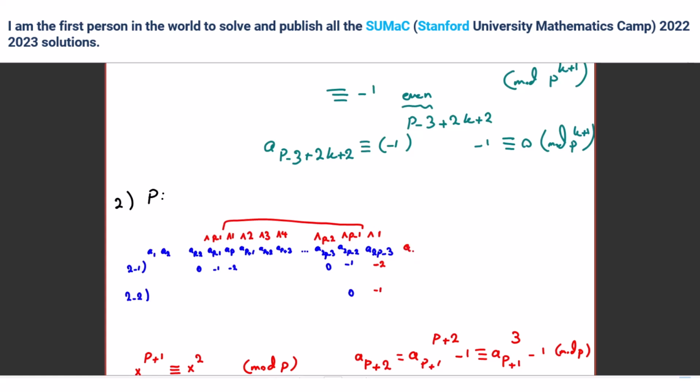Now if I consider a_{2p minus 1}, then 2p, this is raised to the power of 2, right? So for this one, when it is -1, this one will be what? That's to the power of -1. That one is going to be 0 again. So again, do you agree we have 0, -1, 0, -1? Yeah, it's the same case as number 1. Yes. So by the same way, we can prove.